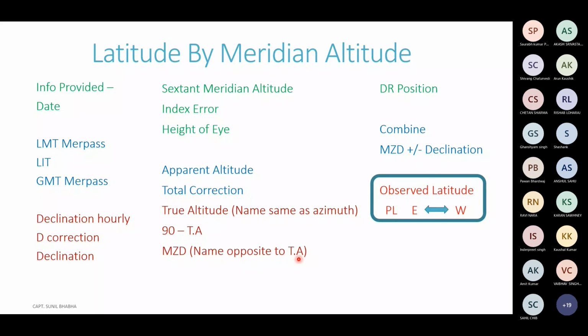We have just named them to save some time in the question, because by naming them, we were able to find out whether MZD and declination are to be added or one of them is to be subtracted from the other. So in case we don't use this method, then we need to make the rational horizon diagram, which will take some time. So just for the purpose of saving this time, we have used a shortcut method.